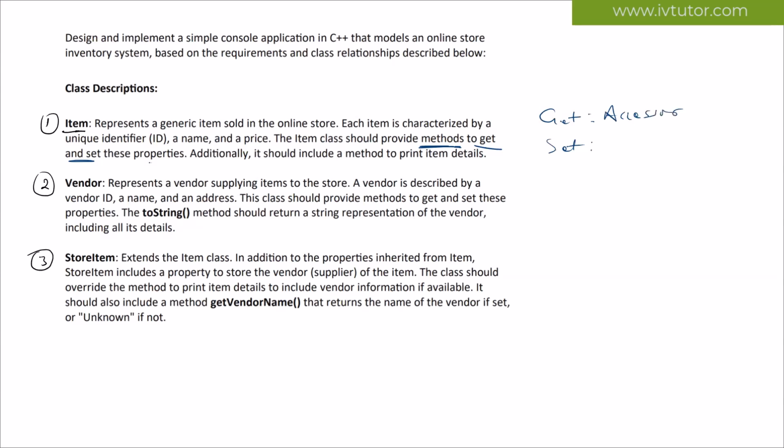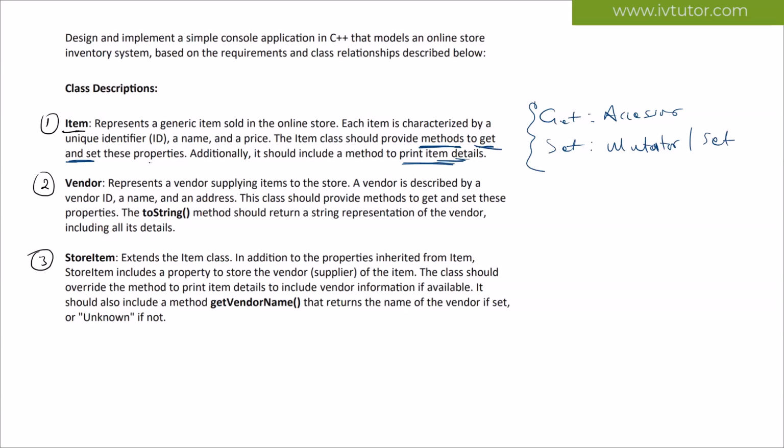These ones are normally called mutator, or sometimes just set functions. But generally, these are very common, and you'll see why as we go on. Then we need another function that allows us to print item details. This is usually a function that returns a string with all the details.